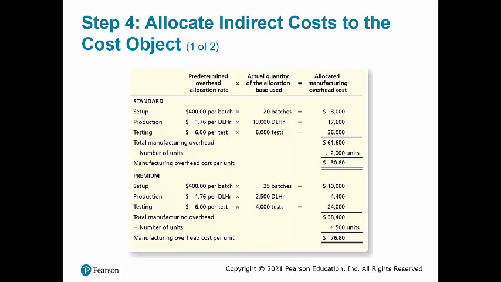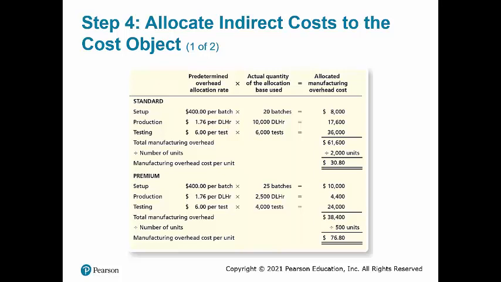We do the same thing for the premium model, and we got $10,000 in overhead for setup, $4,400 for production, and $24,000 for testing. Added together, that gives total manufacturing overhead for the premium tablet of $38,400.